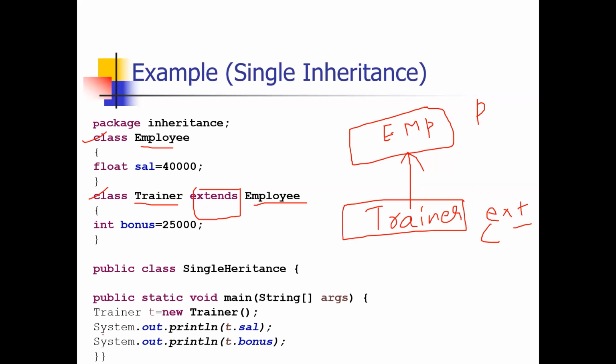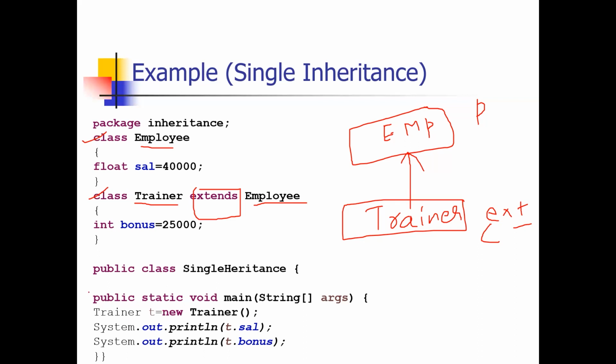Now, in the main method, we have created the object of the subclass, as we did in the previous lecture. It should be very clear how to create a class and an object.